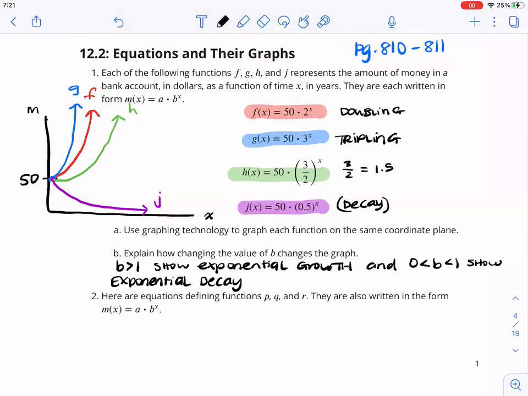Another thing that we should make note of is when we're looking at these values that represent exponential growth, 2, 3, and then 1.5 or 3 halves, the one with the larger growth factor is going to be growing more quickly.